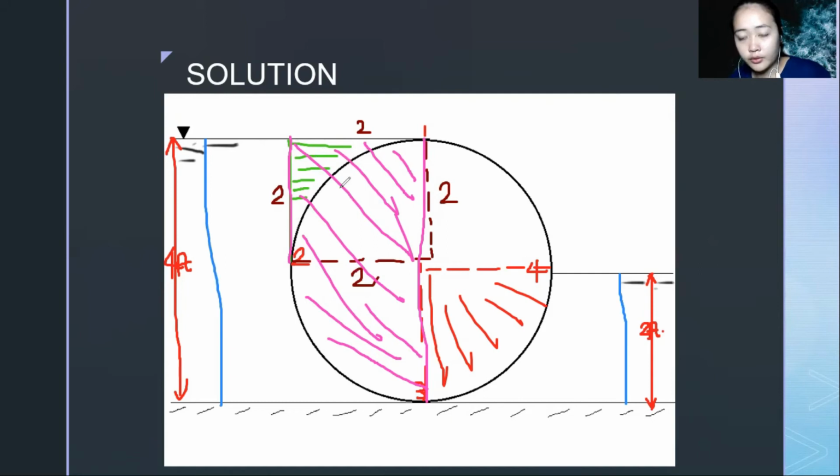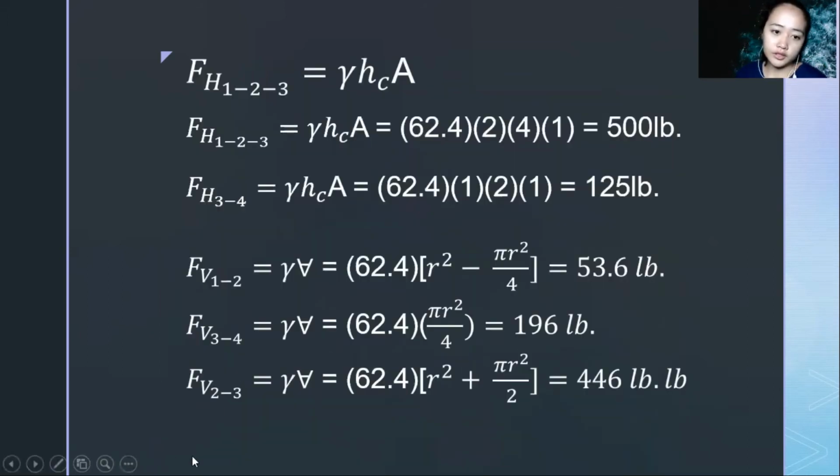So we know that the area is r squared, and add the area of this shape, which is pi r squared over 4. So the vertical force at point 2 and 3 is equal to 62.4 times r squared plus pi r squared over 4. So this is equal to 446 pounds.